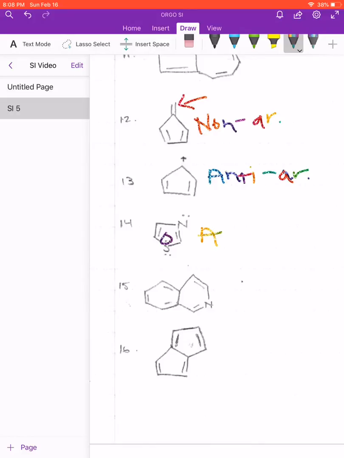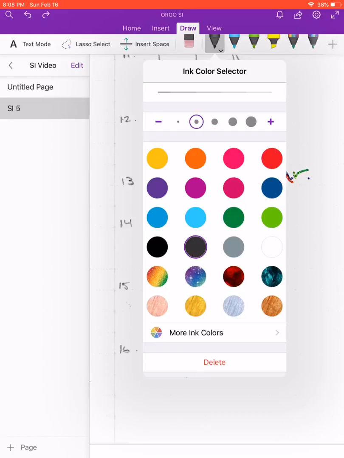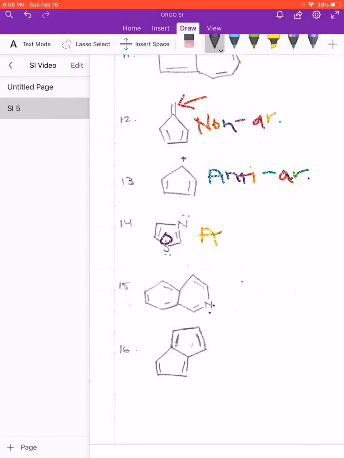All right, what about number 15? I forgot to draw here. Let's do this. I actually forgot to draw the 2 electrons on the outside right there. So this molecule is planar. If you move around the bonds, it actually is conjugated, right? Now, it has an odd number of electron pairs, so that's good.